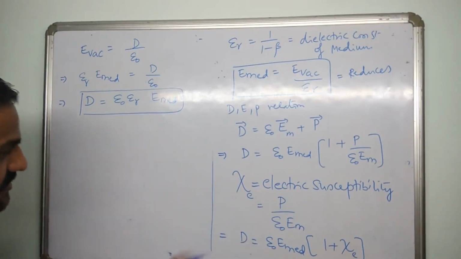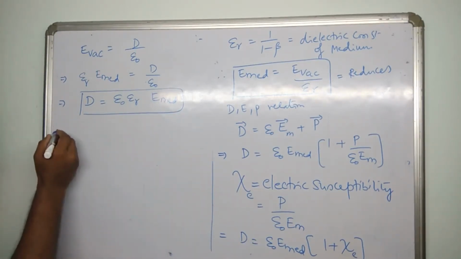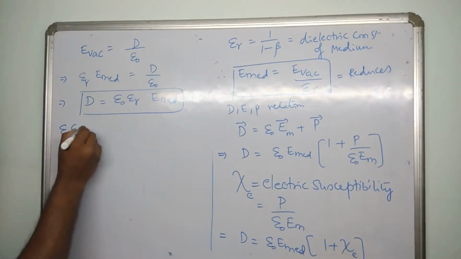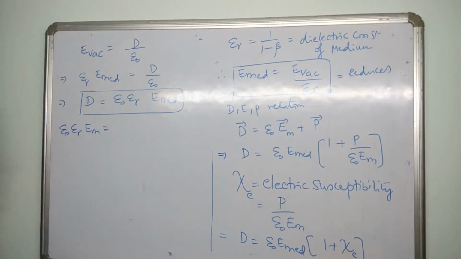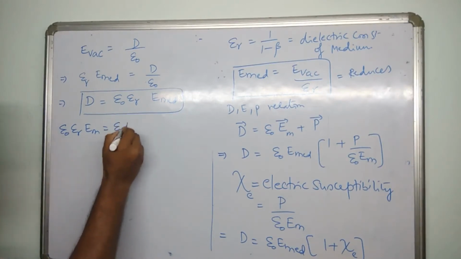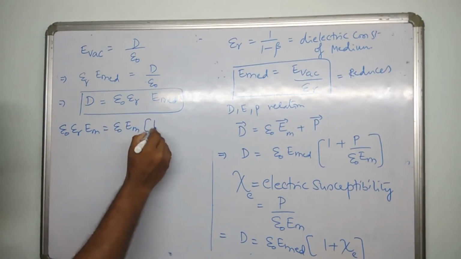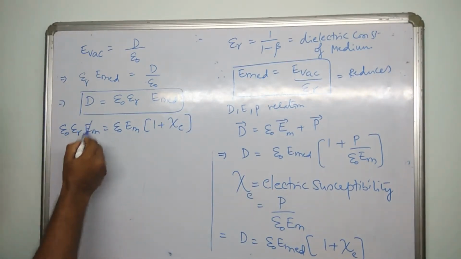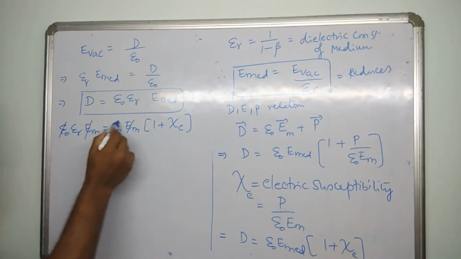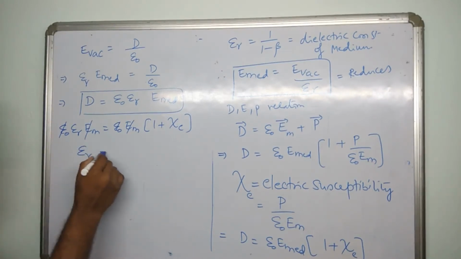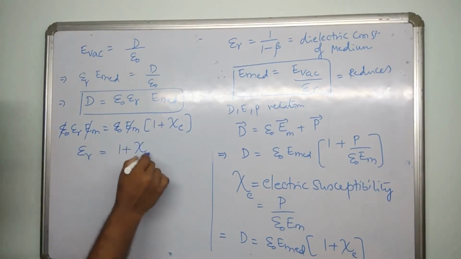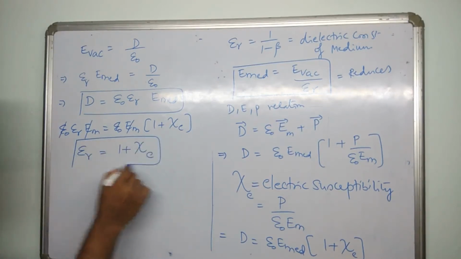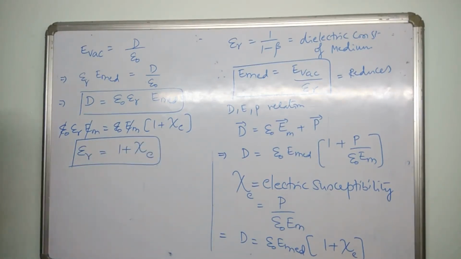Now if you plug in here, epsilon 0 epsilon r E medium is equal to epsilon 0 E medium into 1 plus chi E. We can cancel this out. We are left with epsilon r is equal to 1 plus susceptibility. This is another useful relation, the relation between the dielectric constant and electric susceptibility.